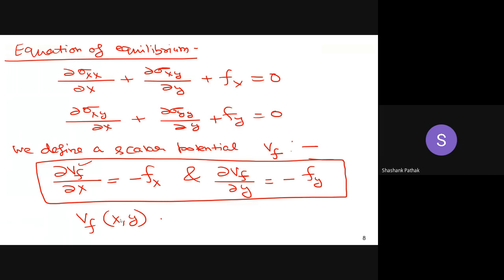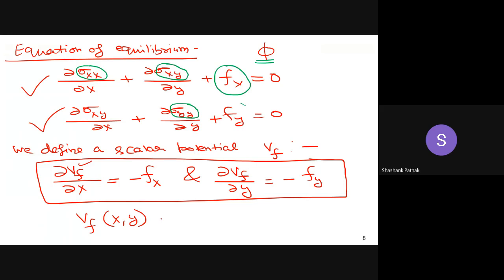After that, what was the initial definition of the Airy stress function? The initial definition was that the Airy stress function is a kind of generalized function that will satisfy these equations of equilibrium. To satisfy these equations of equilibrium, we need to define sigma xx, sigma xy, and sigma yy in terms of the potential function phi.